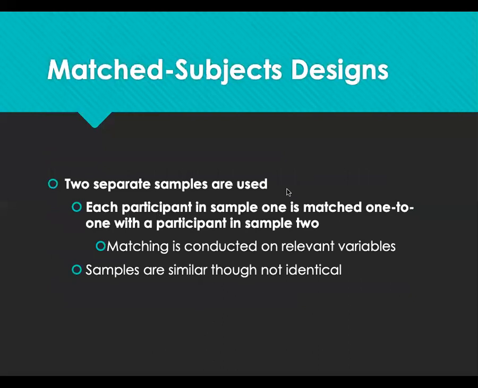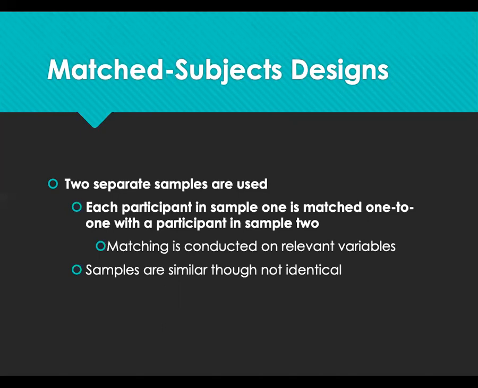Okay. Matched subjects design. So this is a little bit different. This is like a variation or a combination of these two basic designs that I've talked about in chapter 10 and with this lecture for chapter 11. With a matched subjects design, you are using two separate samples. So that sounds kind of like the independent samples t-test, right?